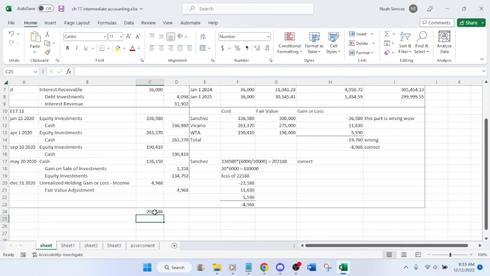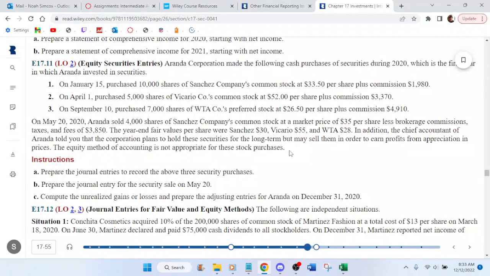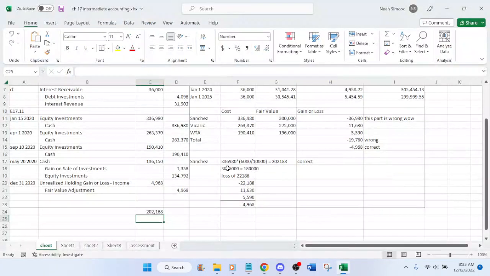So you have your new carrying amount. What do you do with it? You compare it with the fair value. The fair value is 30 times 6,000. 180,000 is the fair value. Since the fair value is less than that, the difference between them is a loss.